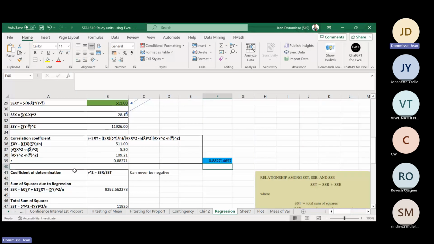So here, using nearly the formulas, what you could do is also put in, if they tell you the sum of xy, if I give that to you, you can put it in here as well.